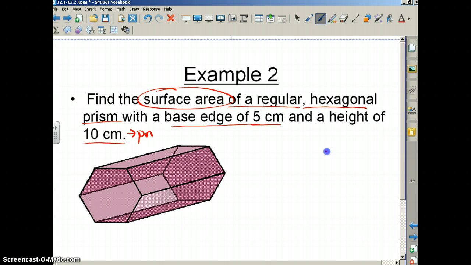That's the height of the prism. To find the surface area, we need to find the lateral area, because it's the lateral area plus twice the area of the bases. The lateral area specifically is the perimeter of the base times the height of the prism.